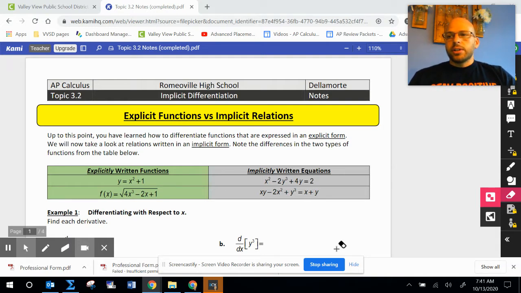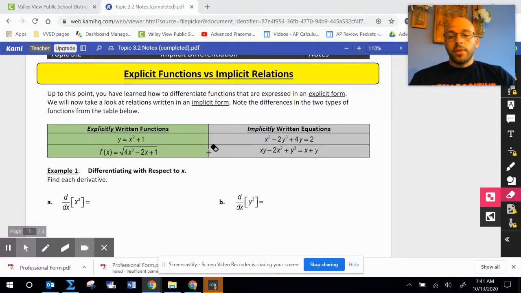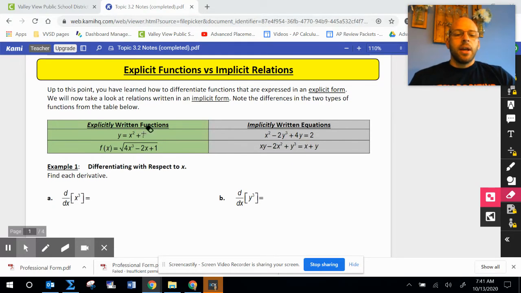Implicit relations occur when we may have more than one variable, or where it might become very difficult to write your equation as y equals, or it might not even satisfy the vertical line test to be a function. If you look at this little table at the top, on the left-hand side in green we have a quadratic and a radical function.